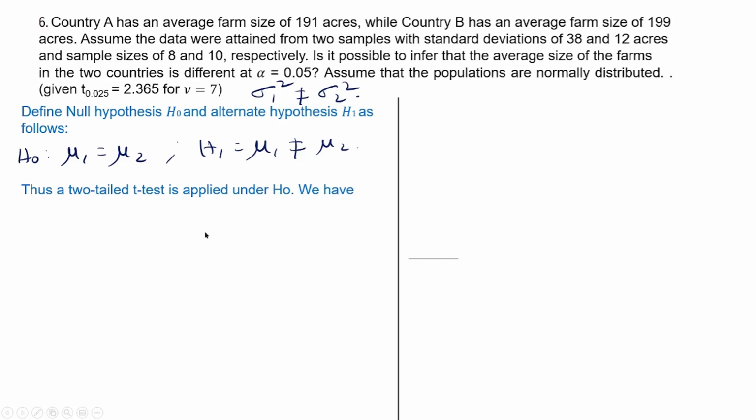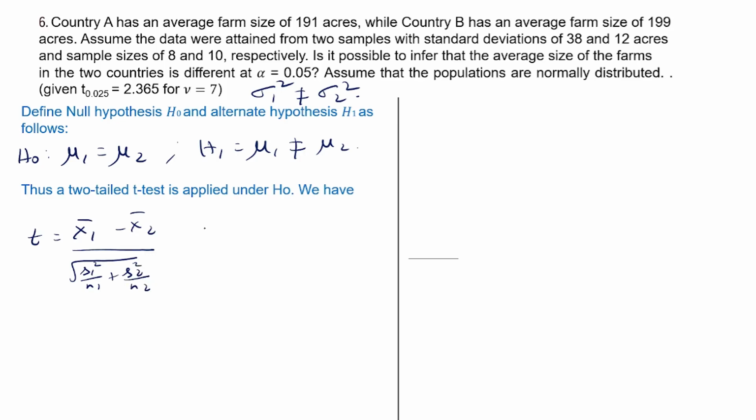Thus, a two-tailed t-test is applied under H0 when the variances are unequal. We have the test statistic t given by x1 bar minus x2 bar upon root of s1 square by n1 plus s2 square by n2.